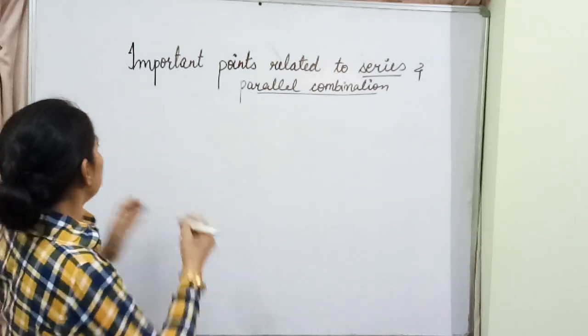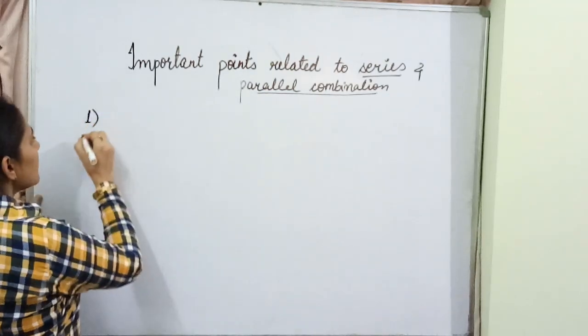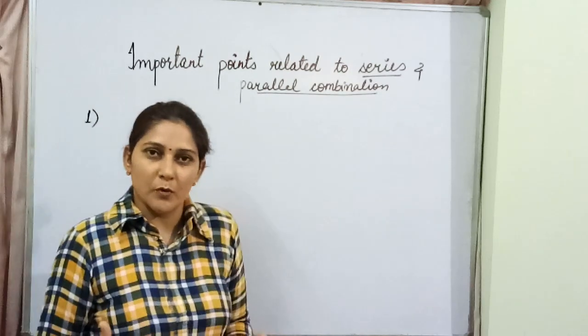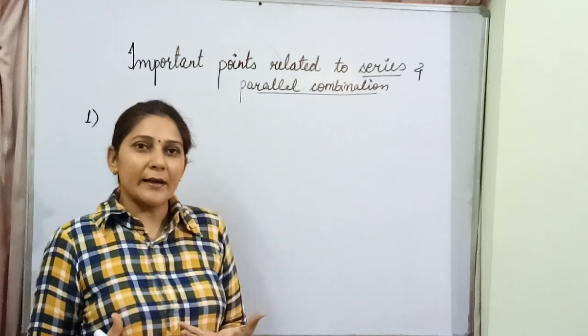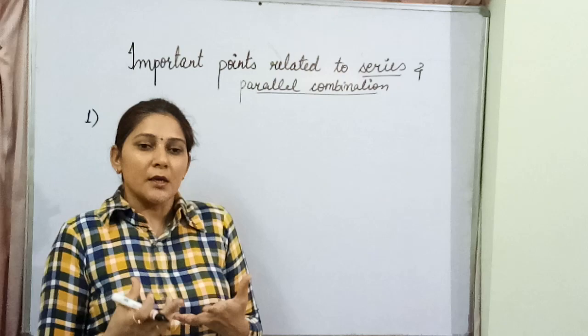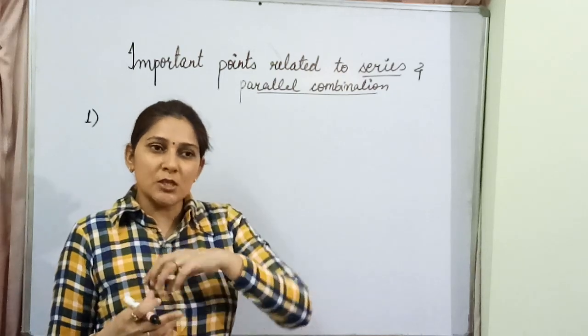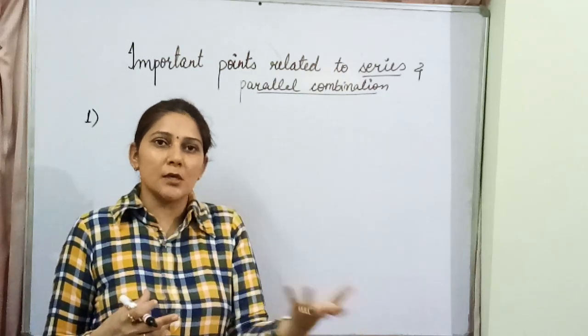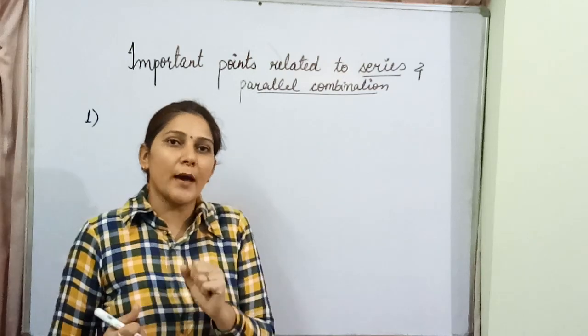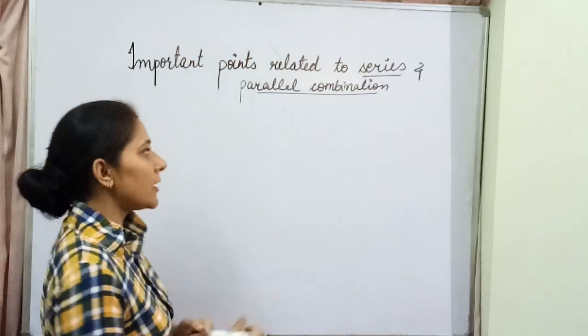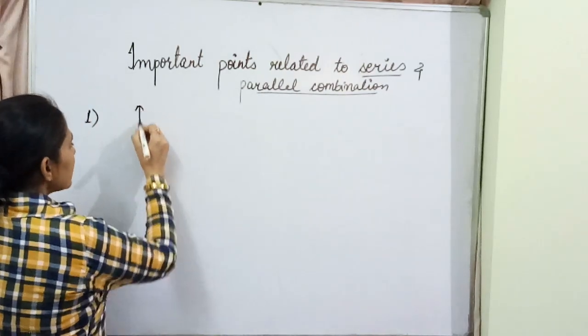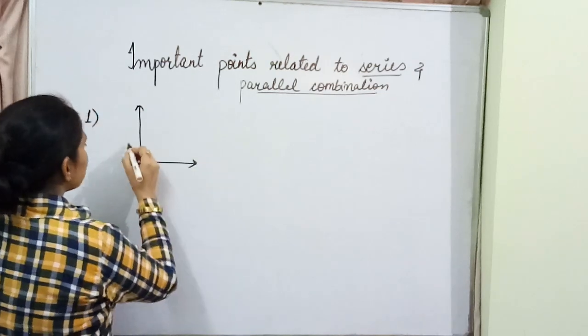First one is, suppose a graph is given to you, and with the help of that graph, a question will be asked: find out which graph is showing series combination and which graph is showing parallel combination. How can this question be given to you? Suppose this is a VI graph given in the paper.